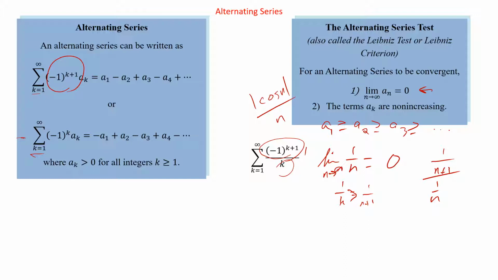So instead of divided by 1 over n, that's times n over 1, which means we get n over n plus 1, and we're looking for that to be less than 1, which n over n plus 1 is less than 1. 4 over 5 is less than 1. 9 over 10 is less than 1. So that's less than 1, which means it is non-increasing, which means that the alternating harmonic series converges.